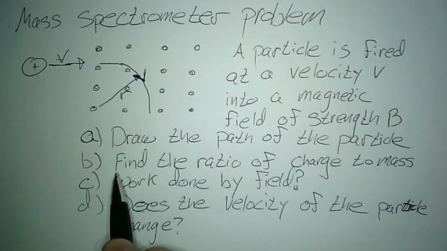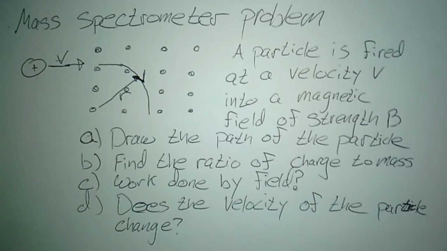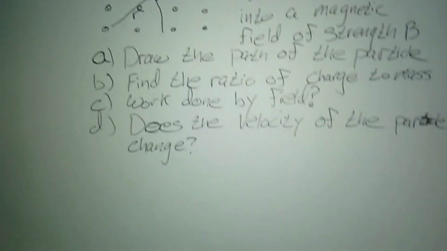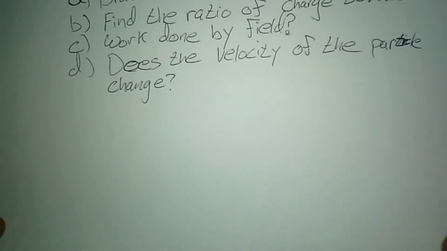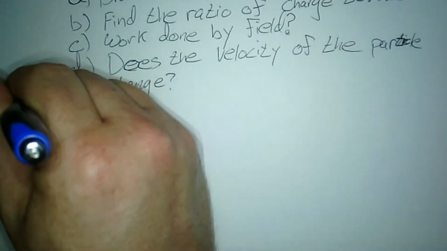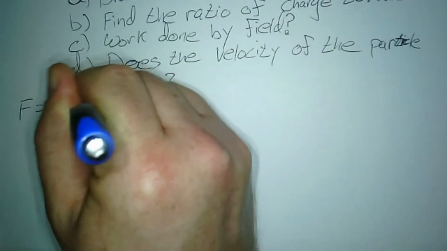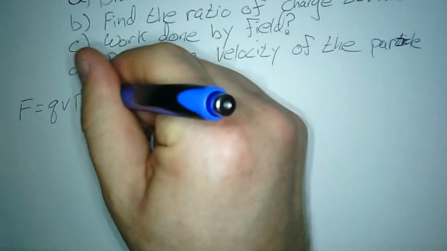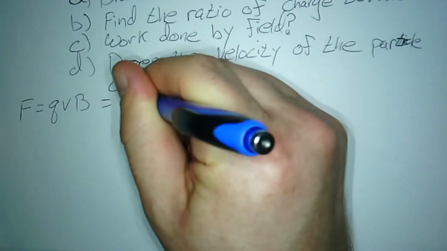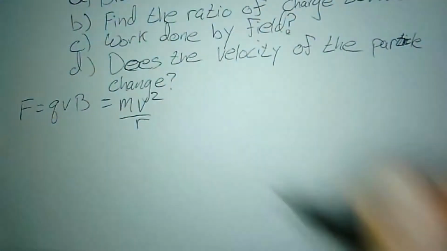Now I want to find the ratio of charge to mass of the particle. I'm going to do it like we started the other one before. I want the formula where the magnetic force is equal to QvB, and since it's going in a circle, I'm going to set that equal to the centripetal force, mv squared over r.